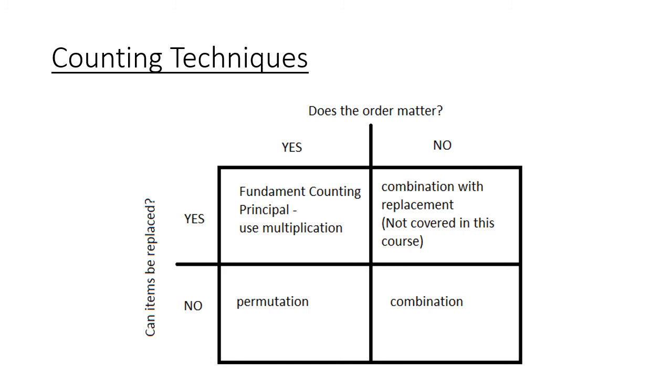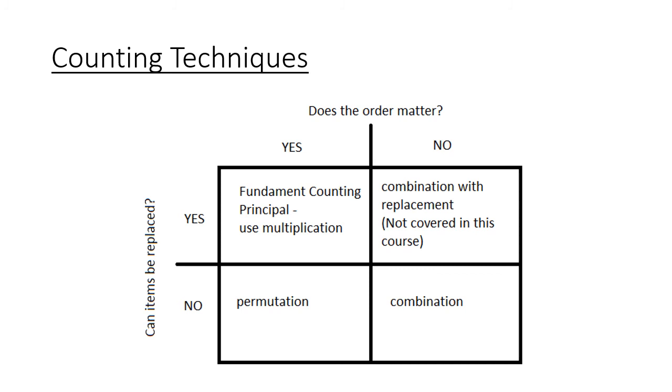After we get the answers to these 2 questions, we should refer to our table, where again, does the order matter and can items be replaced? If the answers to both of those questions are yes, that's our fundamental counting principle, or FCP. Basically that means you're just going to use multiplication or exponents or factorials here.